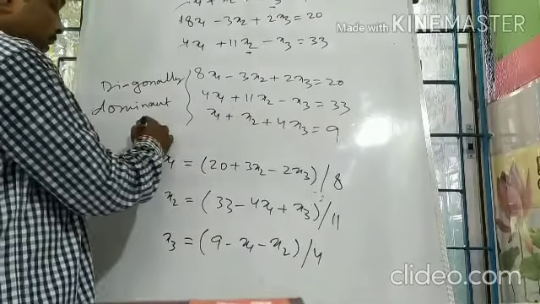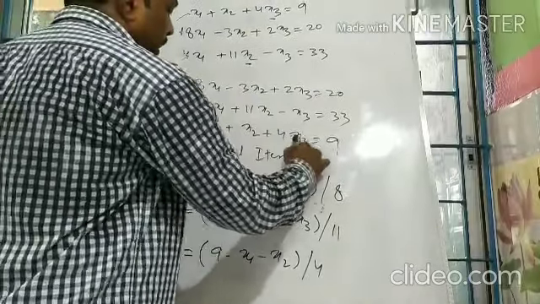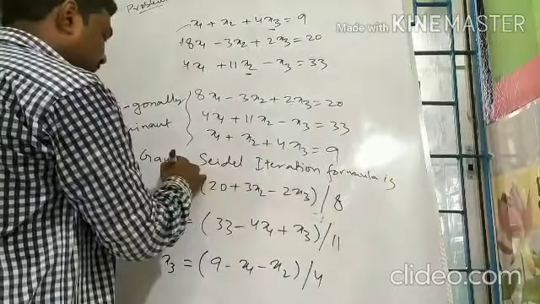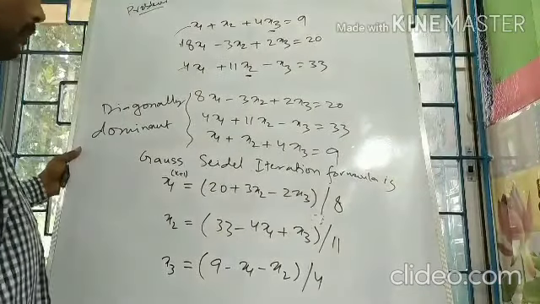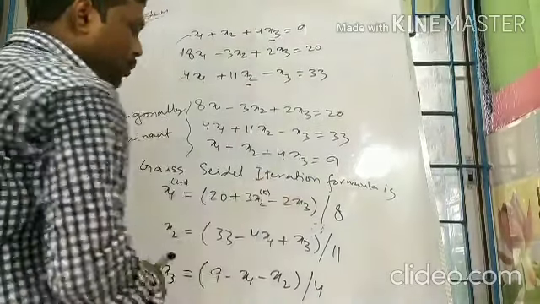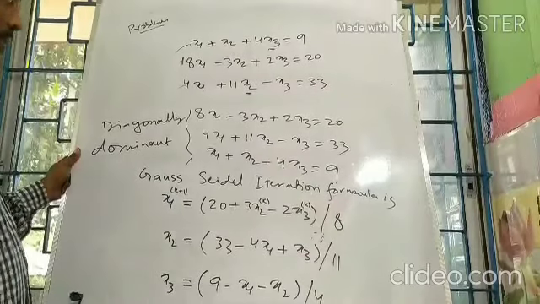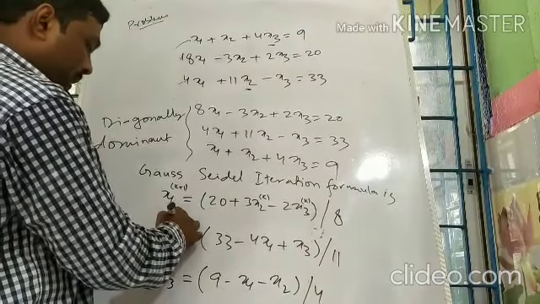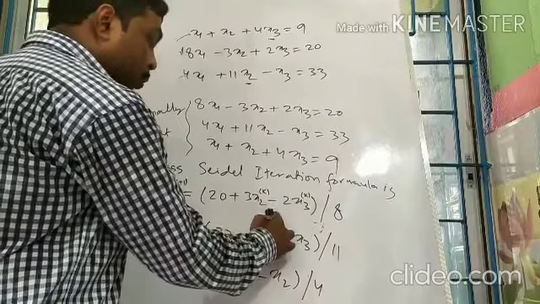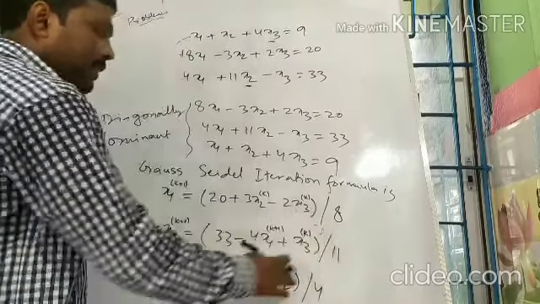Then the Gauss-Seidel iteration formula is: the present iterative value of x1, that is x1 at k plus 1, equals 20 plus 3 times the previous iterative value of x2 minus 2 times the previous iterative value of x3, divided by 8. Next, x2 at k plus 1 equals 33 minus 4 times the present iterative value of x1 plus the previous iterative value of x3, divided by 11.